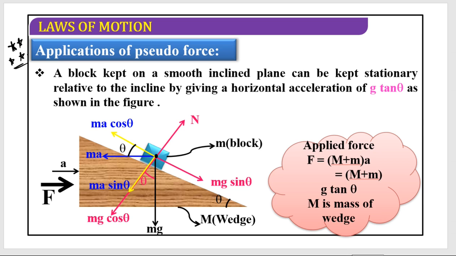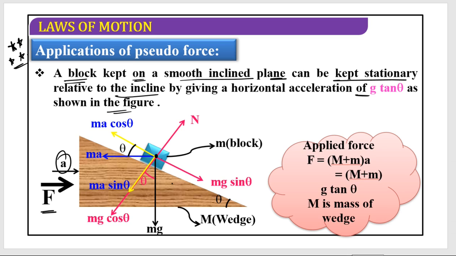A block is kept on a smooth inclined plane and can be kept stationary relative to the incline by giving a horizontal acceleration as shown in the figure. So what the examiner is going to ask is to find this force F or this acceleration A, so that this block is not moving with respect to the wedge and is at rest with respect to the wedge.